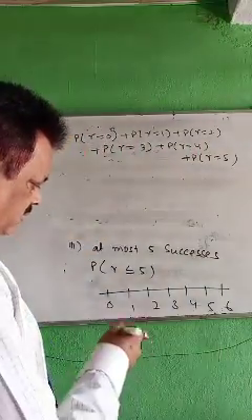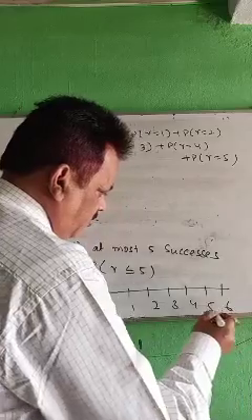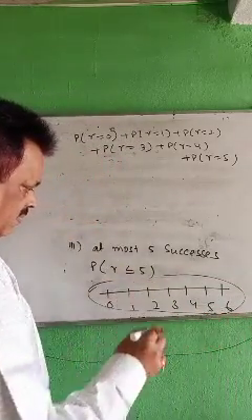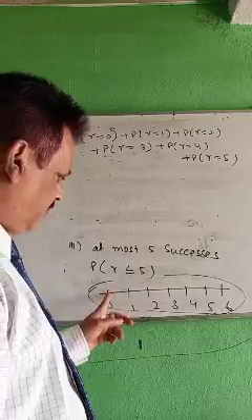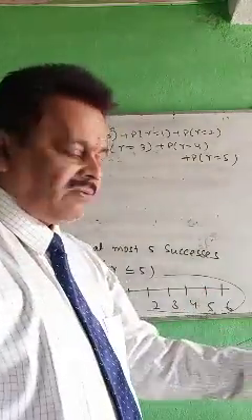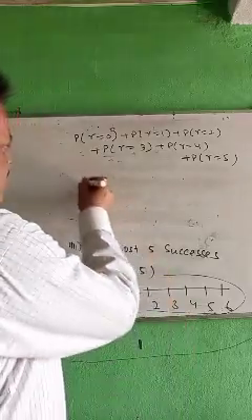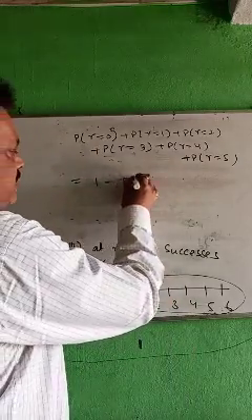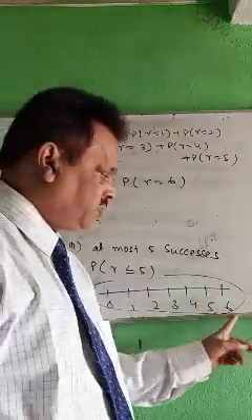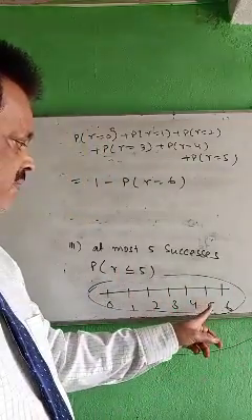The easy way is that the total probability is 1. So from here to here is the same as 1 minus the remaining. What is the remaining? 6. So this is the same as 1 minus probability R equals 6, because the total probability is 1. Up to 5 you are asked.